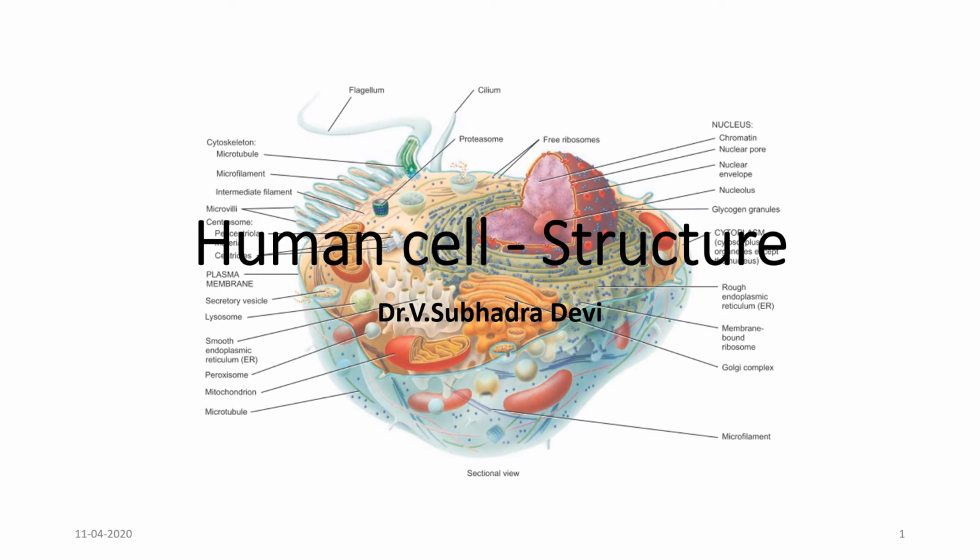The important components are the cell membrane, which is seen on the outside, and then the nucleus, the various intracellular organelles that will be present in the cytoplasm. We will be discussing in detail the various components of the cell.